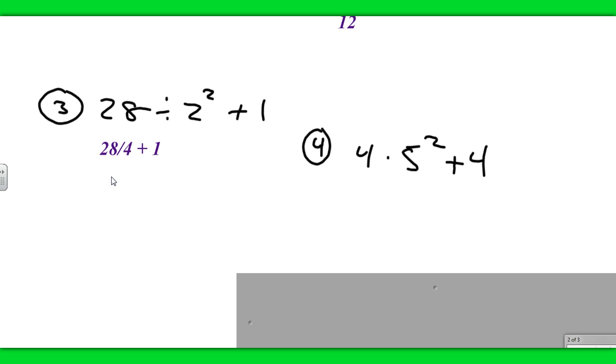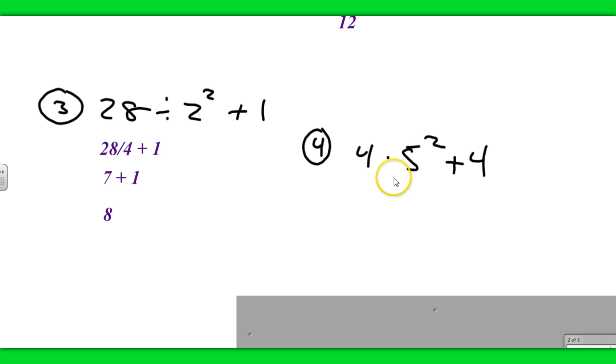So 28 divided by 4 is 7, and 7 plus 1 is our expression, which can be simplified to 8. Okay, and finally, in this case, you should have done 5 squared, 25. 4 times 25 is 100 plus 4, and the answer then is 104.